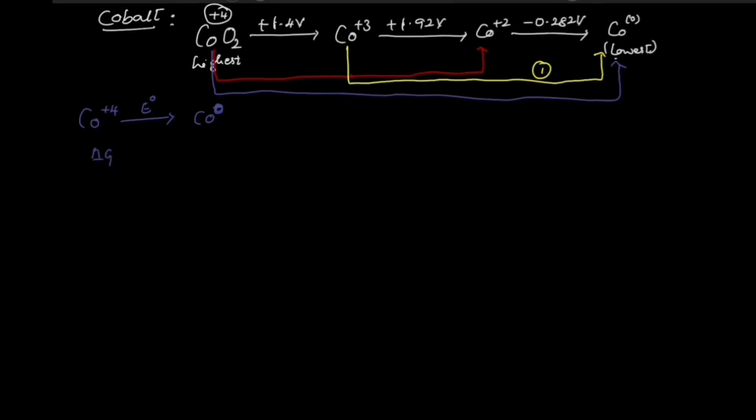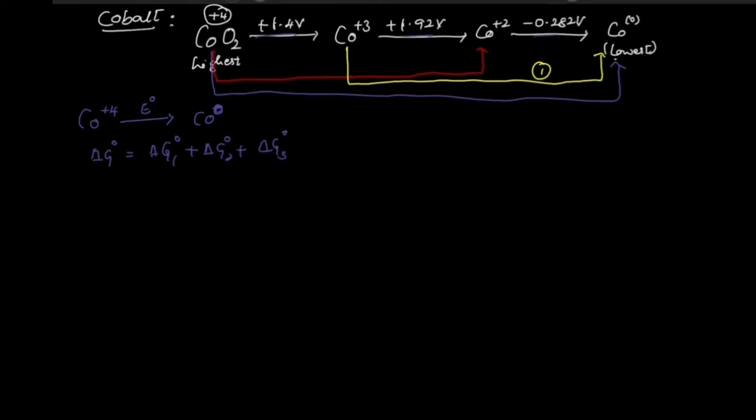For this overall reaction, delta G naught will be equal to the sum of delta G naught values for the first step, the second step and the third step. After adding the three steps, you will get the delta G naught value for the overall reaction. Now we will calculate one by one.